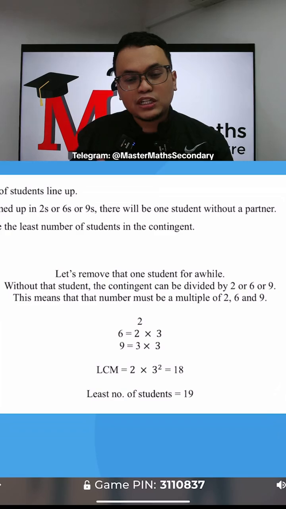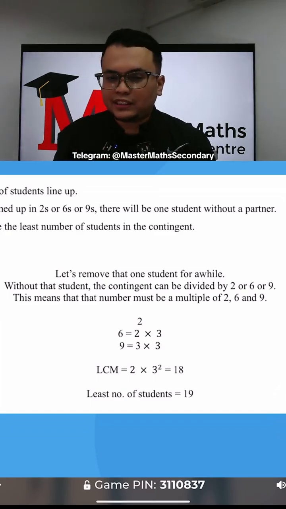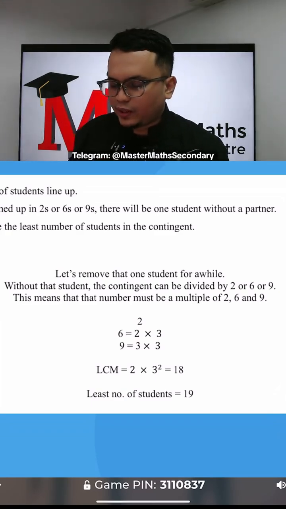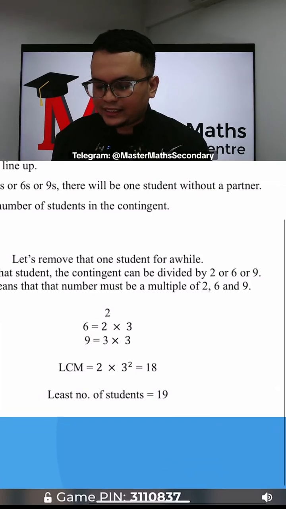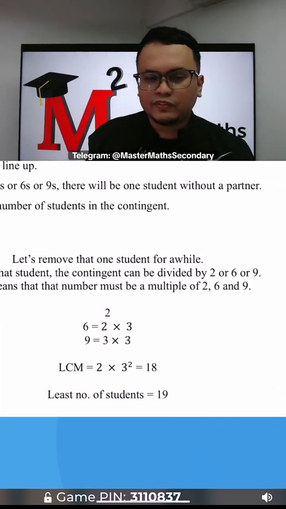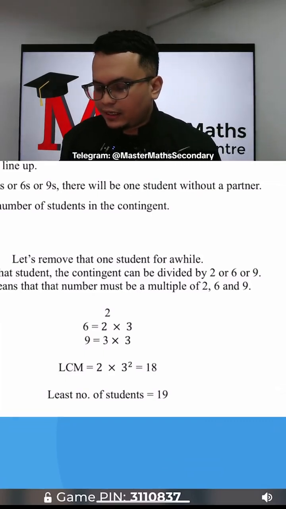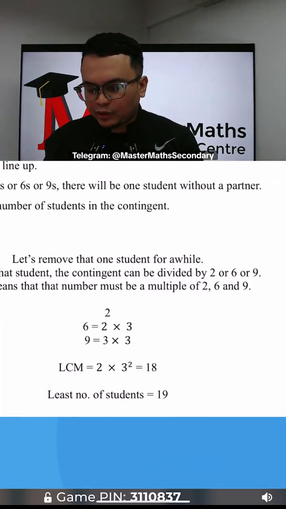So this is a lowest common multiple problem. For the three numbers 2, 6 and 9, I wrote them in terms of their prime factors.